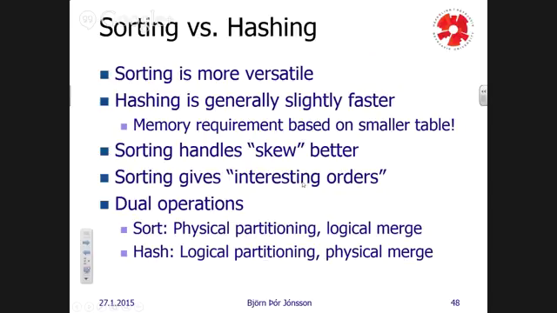So it's called a dual operation. And typically one of them is better than the other, and depending on the situation, you can see when they're good and when they're bad. So it's kind of interesting to see the similarity. And it turns out in some database systems they actually implemented them very similarly.